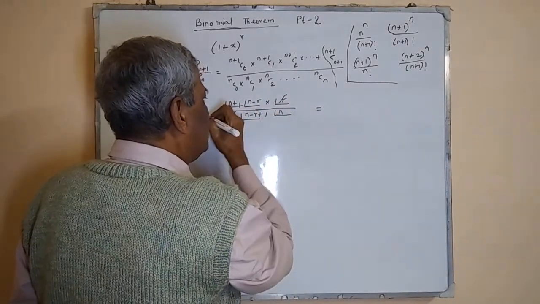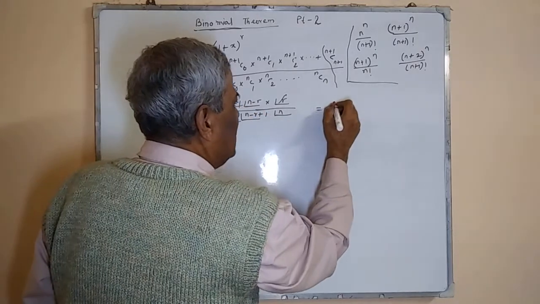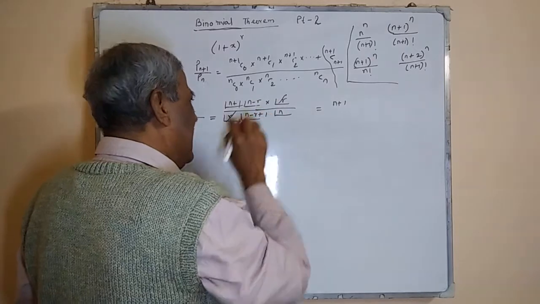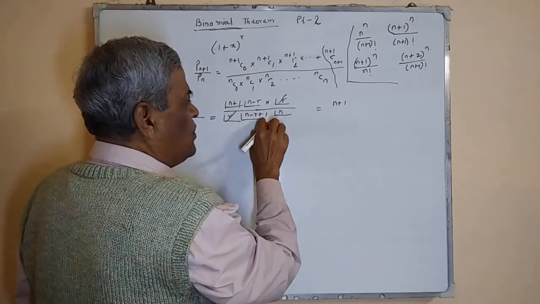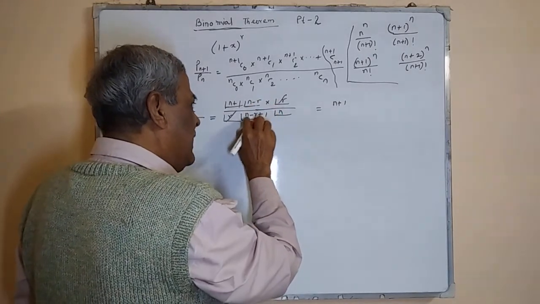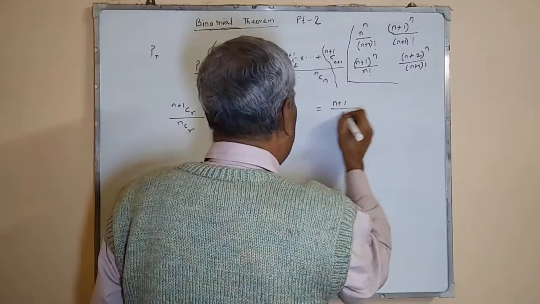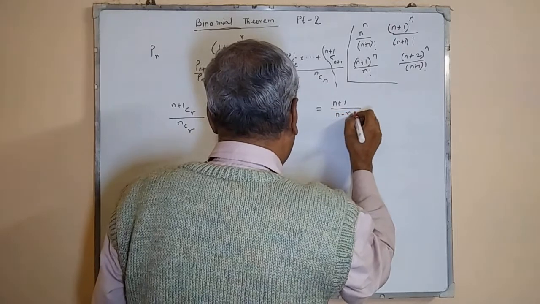This and that together give n plus 1. This by that, the factorial of (n-R+1) is just one more than that of (n-R). So this is equal to (n+1) by (n-R+1).